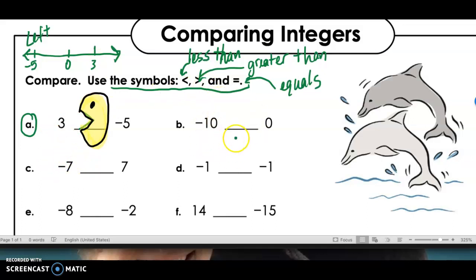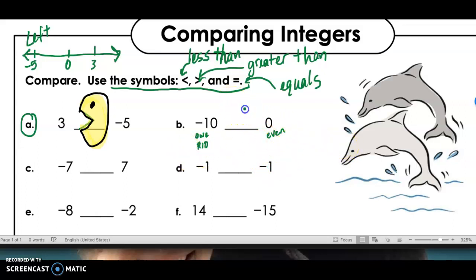Let's take a look at letter B. -10 compared to 0: is -10 less than 0, greater than 0, or does it equal 0? Keep in mind, this is I owe somebody $10, I'm in the hole. This is I'm even, I don't owe anybody anything. Which would you rather have?